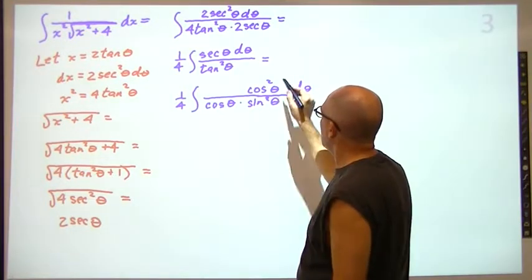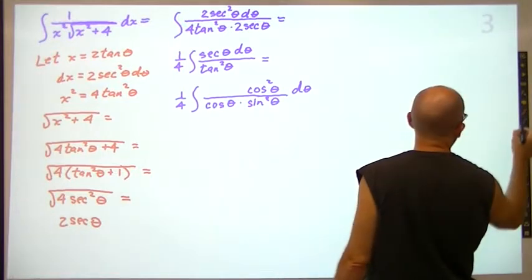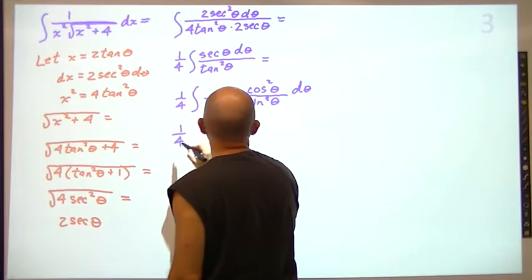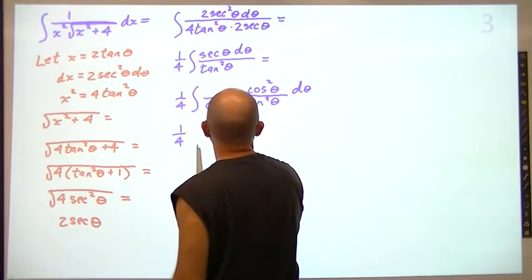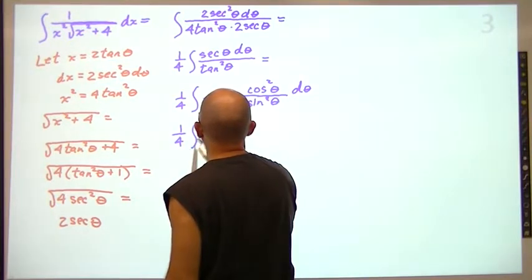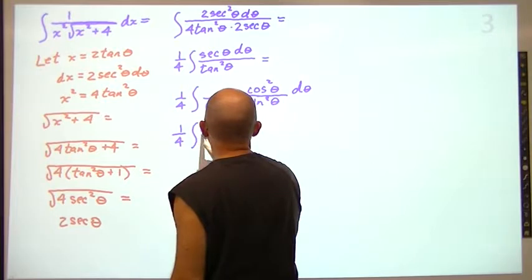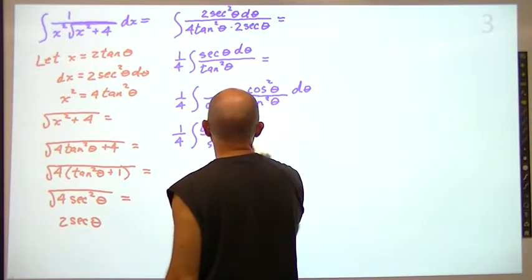Okay, so now clearly the cosine cancels, and I'm left with 1/4 times the integral of cosine theta d theta over sine squared theta.